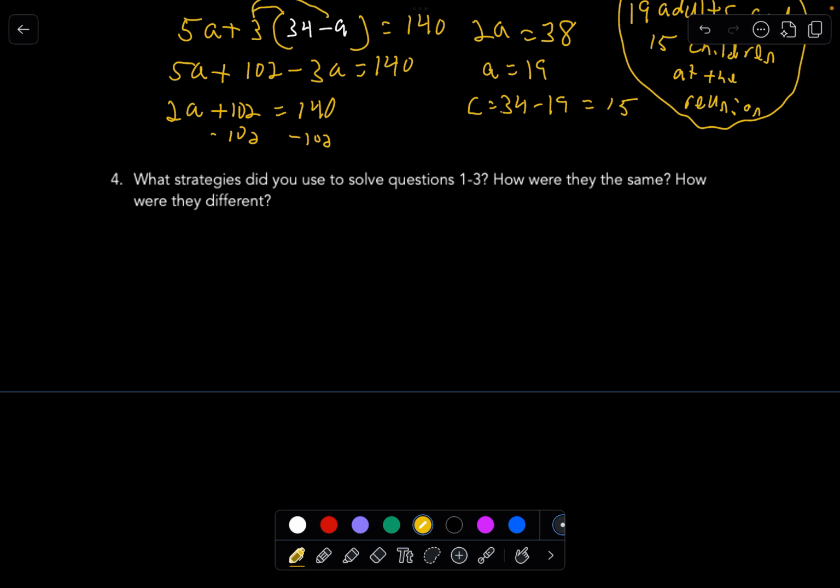Okay. So what strategies did we use? Well, we started with 2 equations every time. Sometimes the equations had 2 variables.